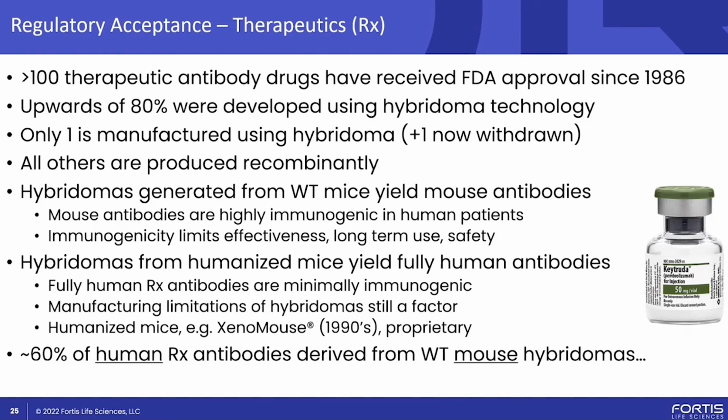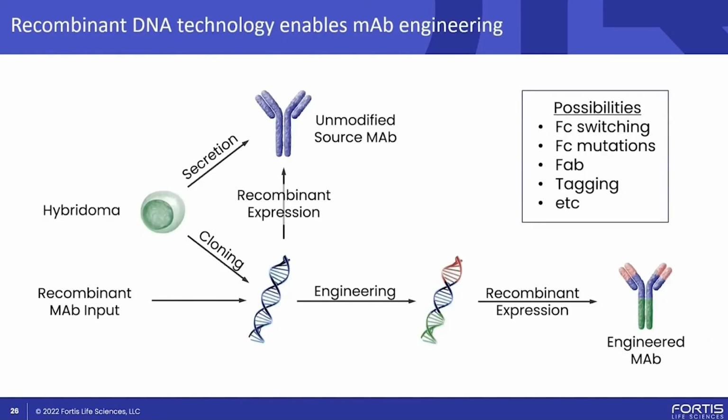So that leads us to another major advantage of recombinant antibodies. Recombinant DNA technology enables antibody engineering. So if we look at a hybridoma, it secretes the antibody that was produced by the original B cell, and that's all it will ever secrete.